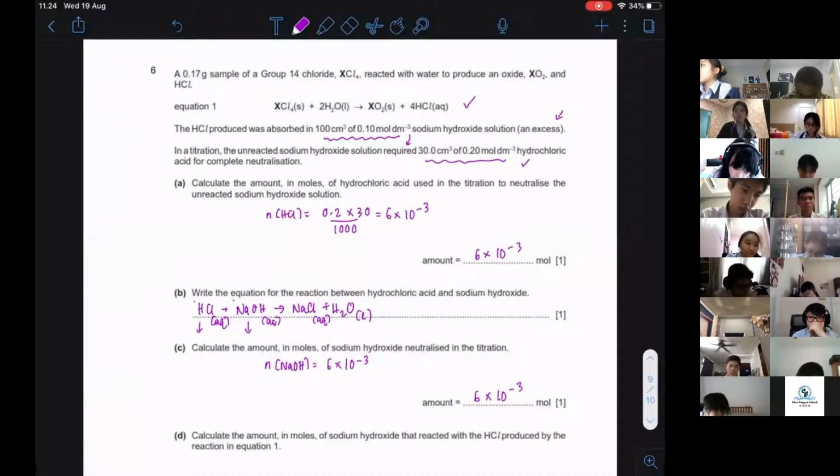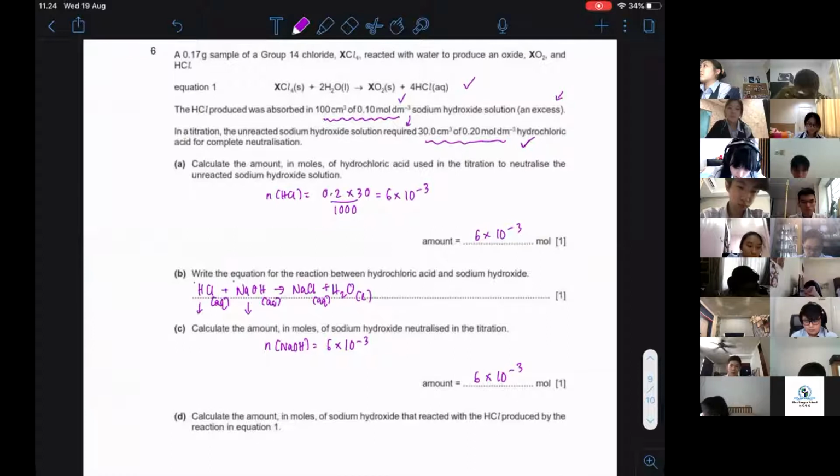In titration, the unreacted requires this. HCl produced this amount. Reacted.